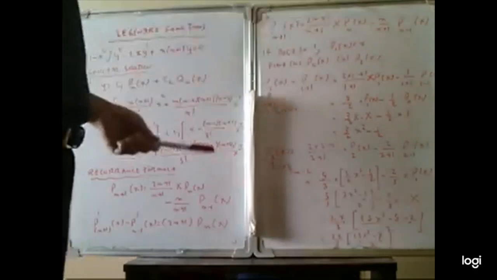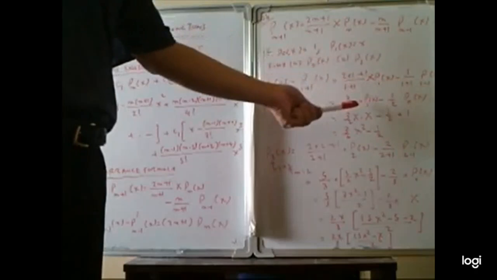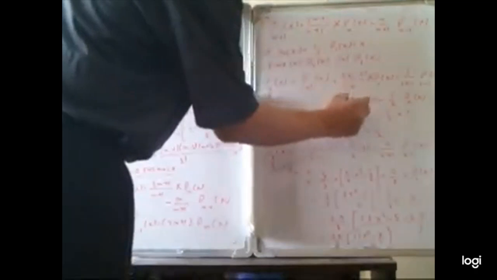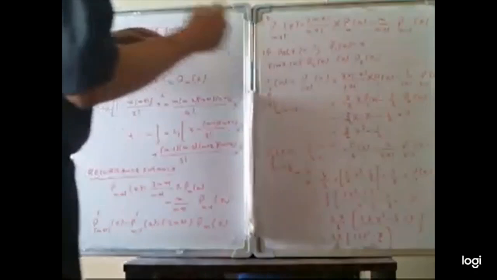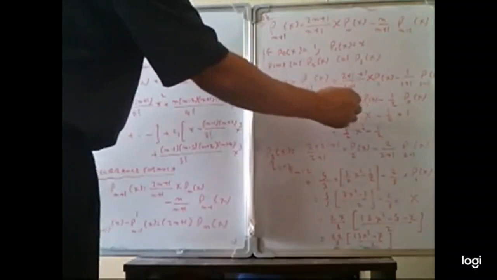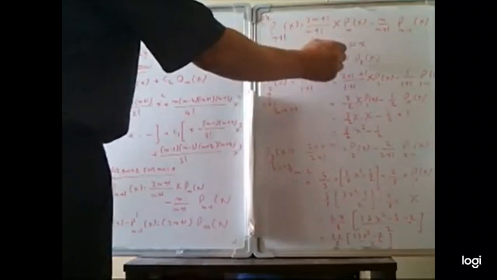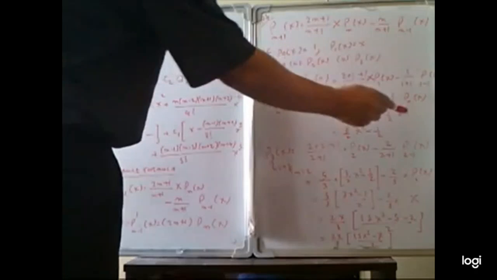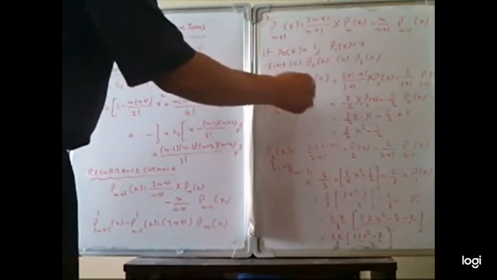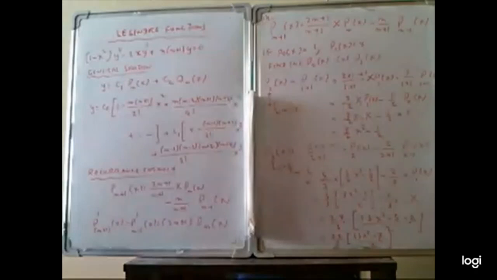So what you get here is x and the P1(x), and the P1 value is already given. P1(x) is x, so that will be the 3x squared by 2. Then half multiplied by P0(x). P0(x) is already given as 1, so substitute 1. By solving this one, P2(x) we get is 3 by 2 x squared minus 1 by 2.